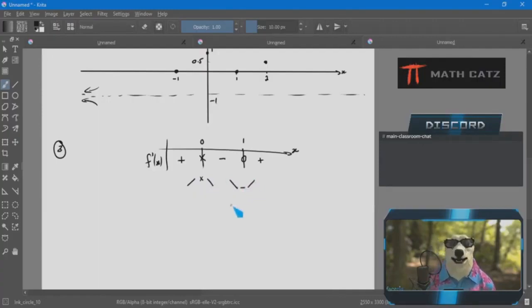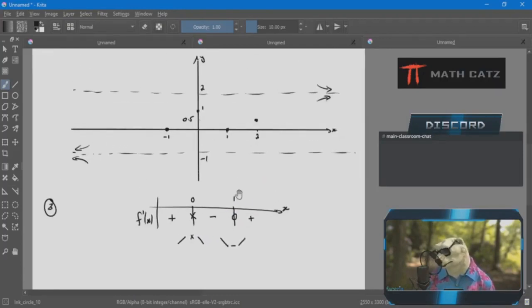Now, remember the function is defined everywhere. And if I then have a derivative that's undefined, that's going to have to be a vertical tangent line. Can that even happen? At 0, which is at this y-intercept, there's a vertical tangent line.